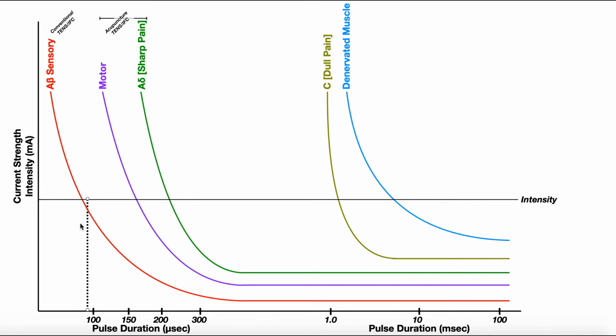But does this vertical line cross the red curve? Yes. So at a pulse duration of about 80 microseconds, at this intensity, that is going to stimulate the A beta sensory fibers, the fibers that correspond to this red curve. And if we think about A beta sensory fibers, those are what we're trying to stimulate in the conventional setting of TENS or IFC. Okay?